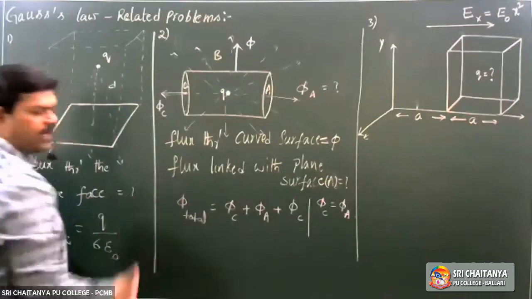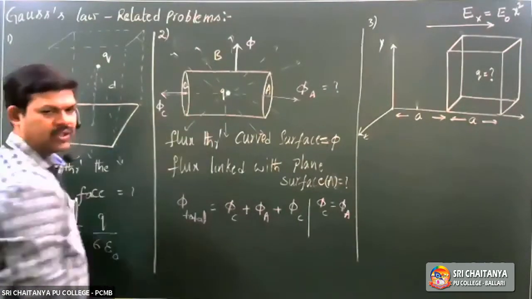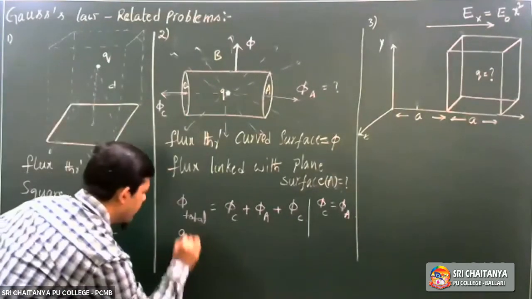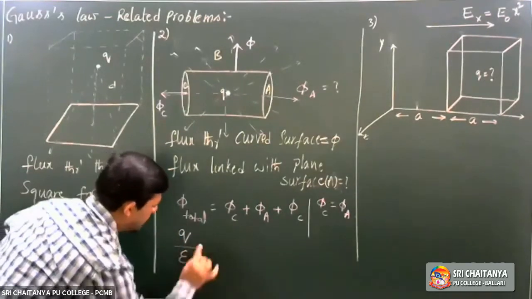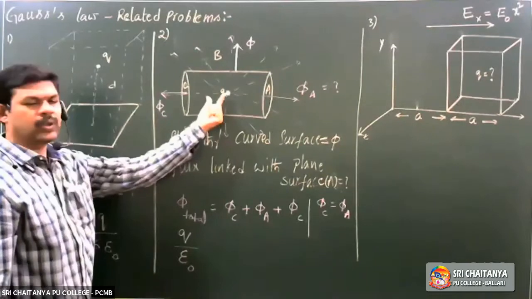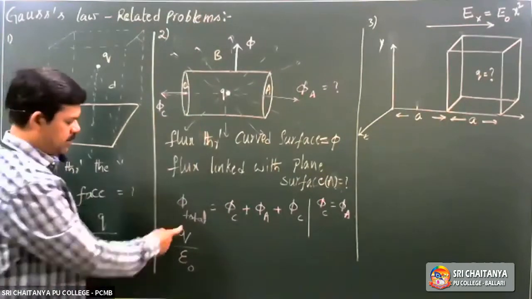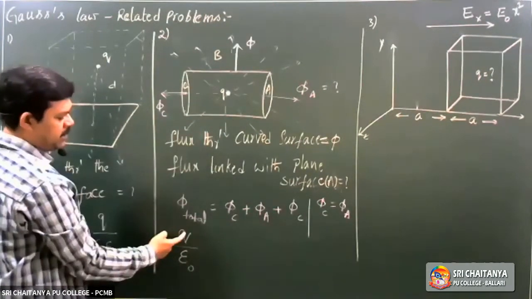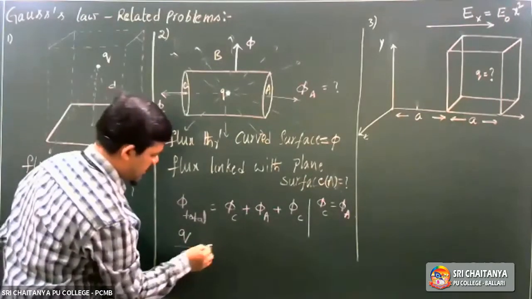What is the formula for phi total? When charge Q is enclosed in a closed surface, it is Q by epsilon naught.